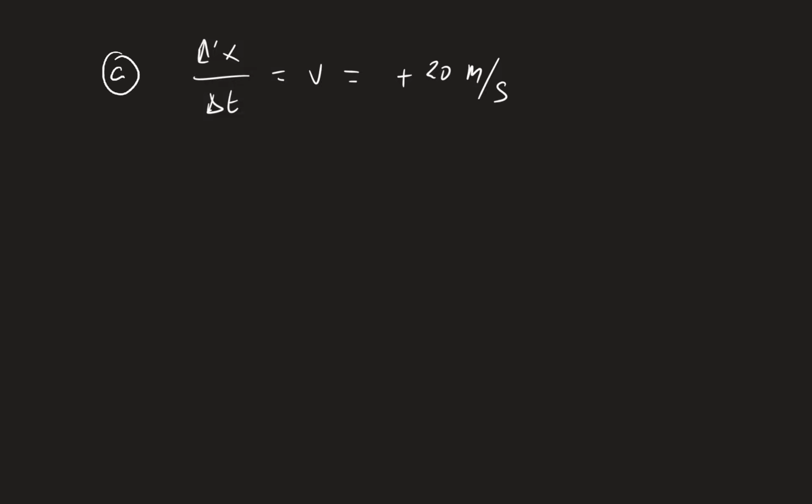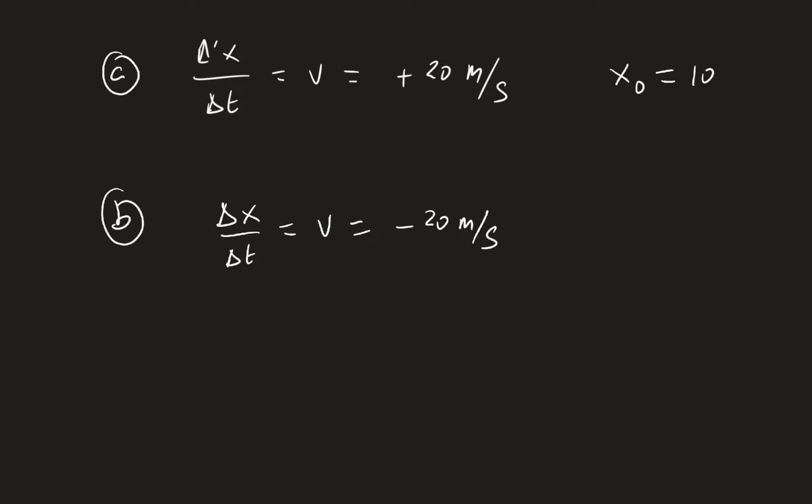This is the first case, and case B is when the velocity is negative, minus 20 meters per second. Can you make it? In both cases, the initial position is 100 meters. Can you connect these ideas and get this equation?